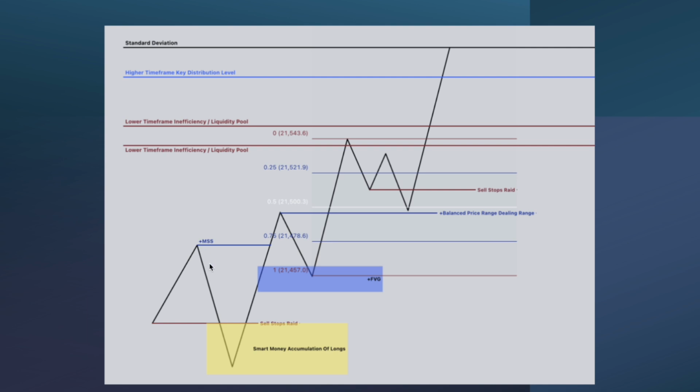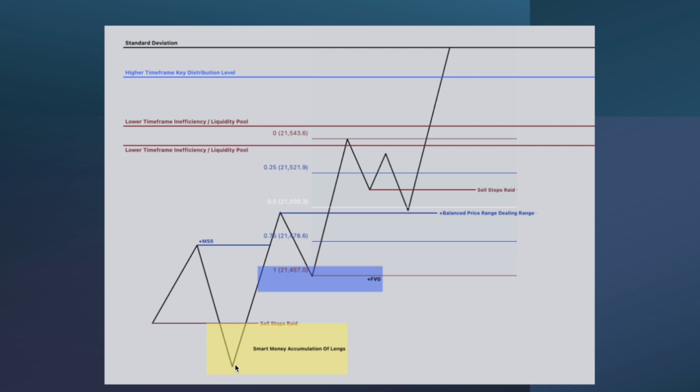So throughout this dealing range, every singular down close candlestick inside of this dealing range, what smart money did was that they bought. So therefore, if we are smart money and we're trying to trade for a profit, what is smart money going to do? They're going to want to double their money, minimum. So what is a standard deviation?